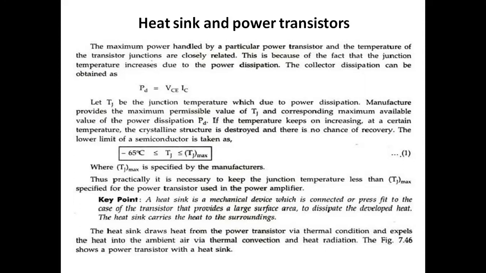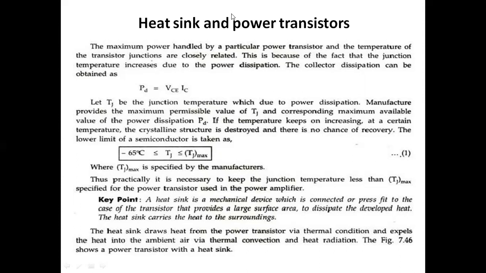Okay. So here the mathematical expression for the collector power dissipation is represented as PD is equal to VCE into IC. This expression represents the power dissipation. As the power dissipation increases, the heat also increases. That means the temperature of the circuit also increases.